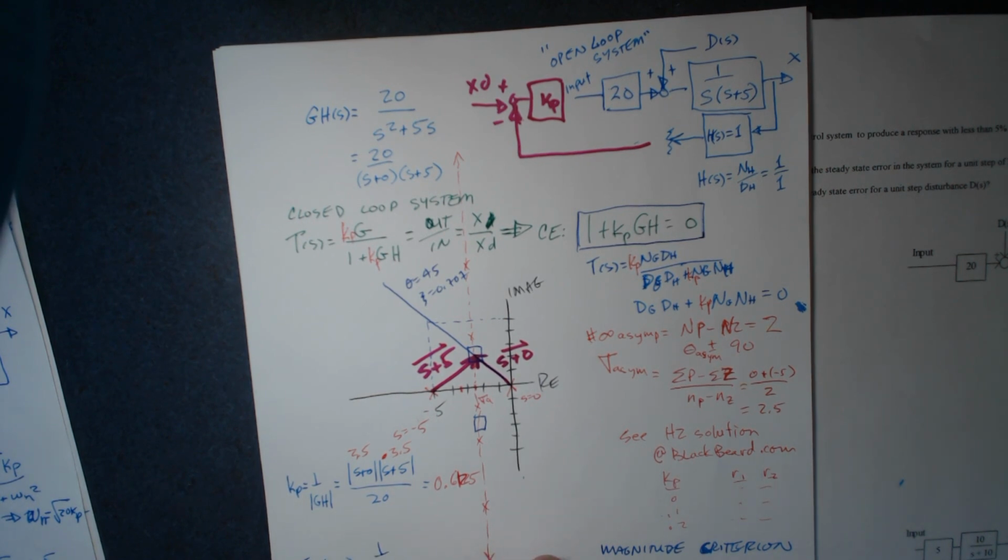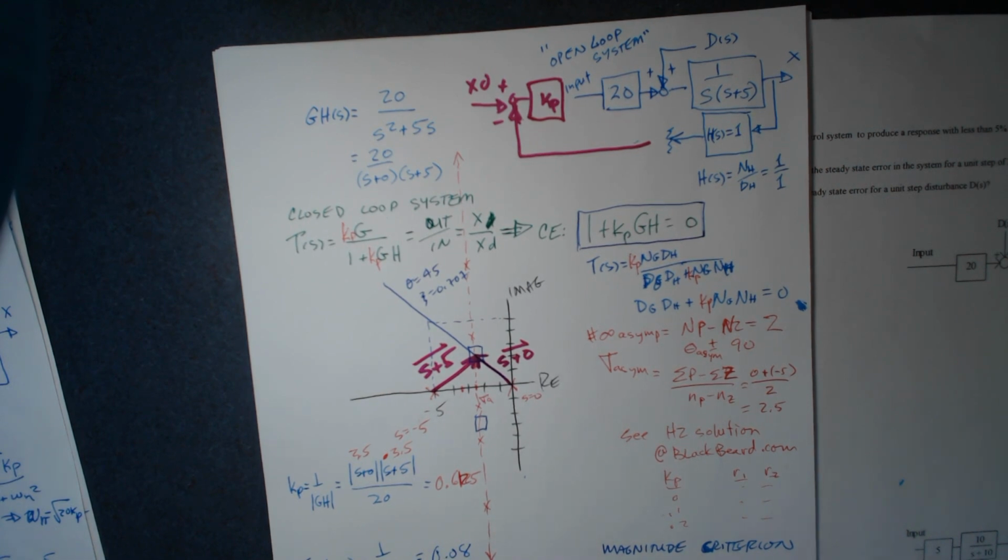It's 1 over 20 Kp, which is about 0.08. Okay, so it's still the same.